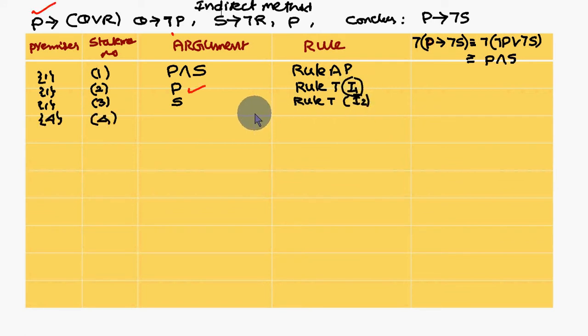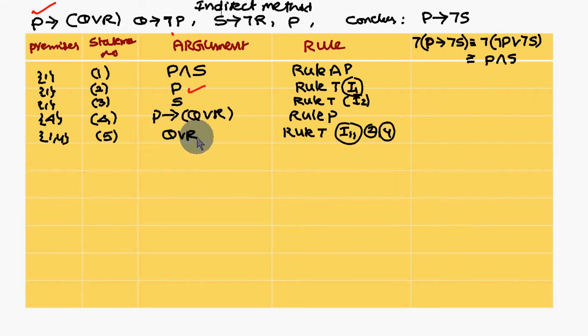Now P is there, that's why I am introducing P conditional Q or R. If you look at the second and fourth statements, if you combine P conditional Q or R and P, P and P will get cancelled, you are left with Q or R. This is derived, that's why rule T, I11, 2 and 4 statements combined. So Q or R you are getting.